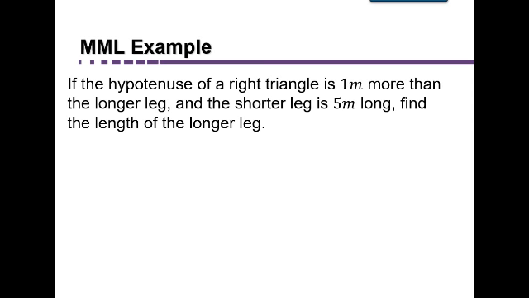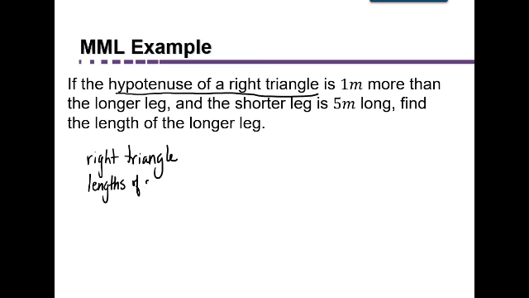All right, so when they tell you that you have a right triangle, and they're talking about the lengths of the sides, right triangle is a clue phrase. That's an indication that we're going to be using the Pythagorean theorem.